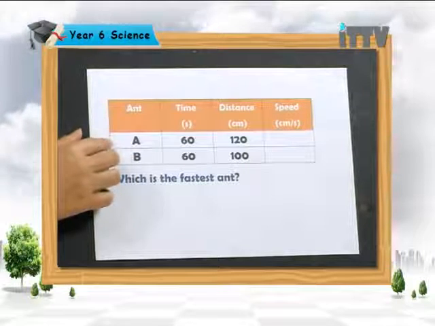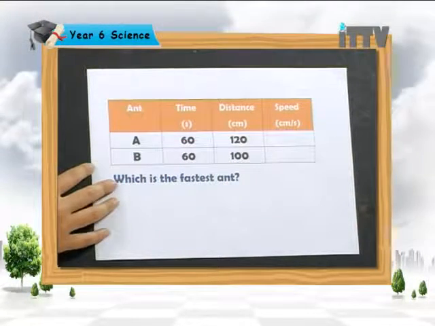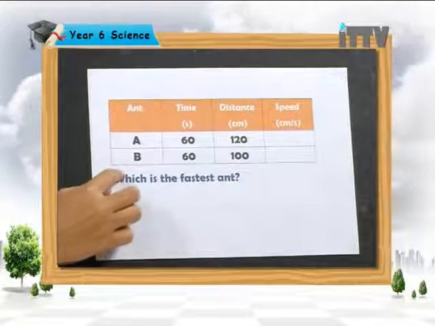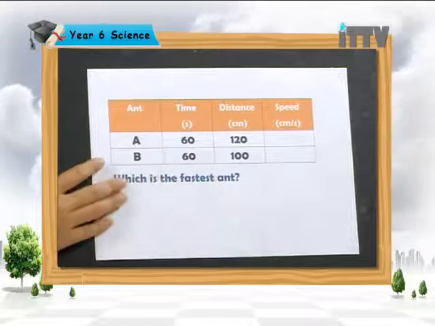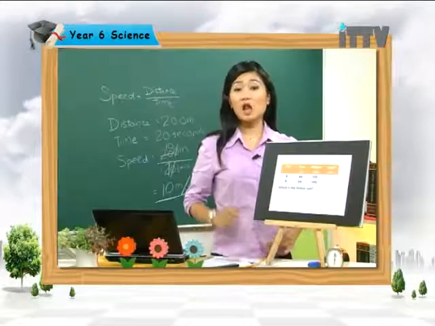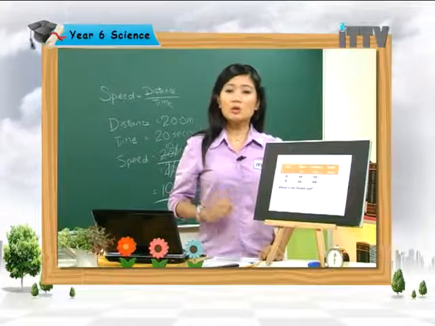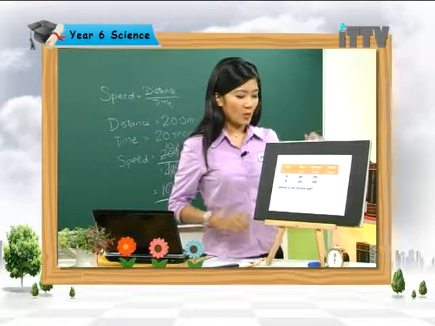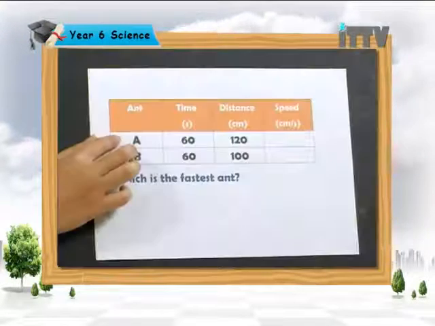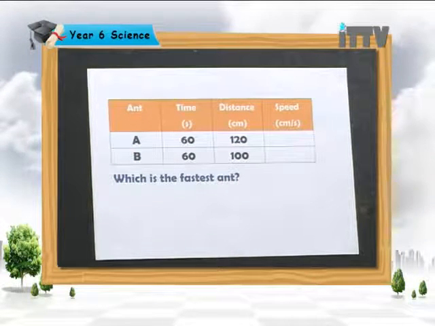However, ant A has traveled a distance of 120 centimeters in 60 seconds, whereas ant B travels 100 centimeters only in 60 seconds. So who travels a longer distance? Is it ant A or ant B in 60 seconds? Well, the answer is obvious, isn't it? It is ant A. So ant A is the fastest ant.